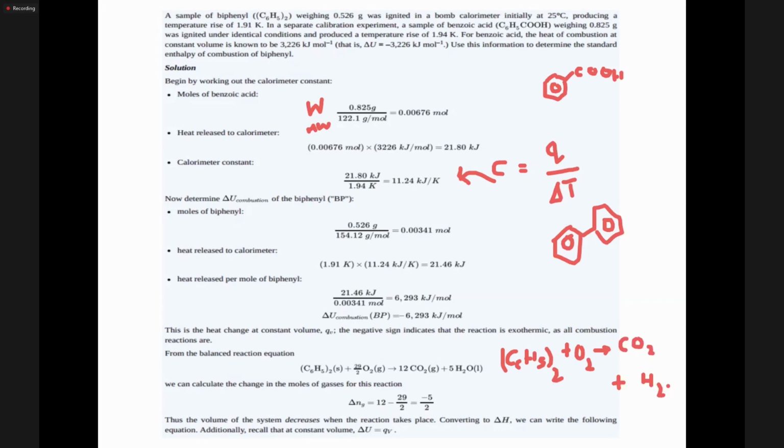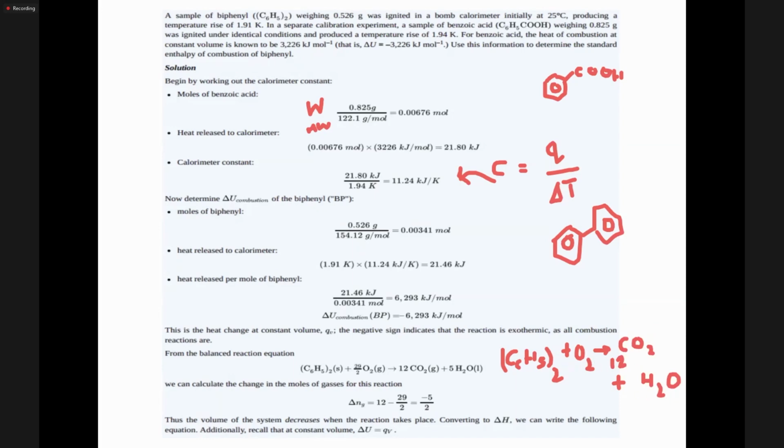Firstly, we start by balancing the carbon. On the left-hand side we have 12 carbons, and on the right-hand side only one. To balance this, we write 12 ahead of CO2. The number of oxygen atoms then becomes 12 into 2, that is 24, plus the water oxygen, which makes 25.